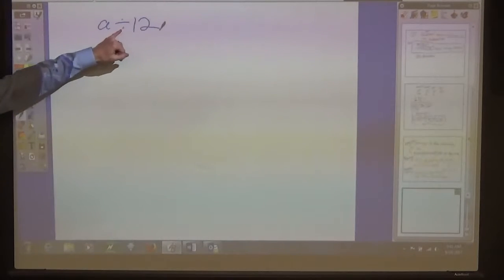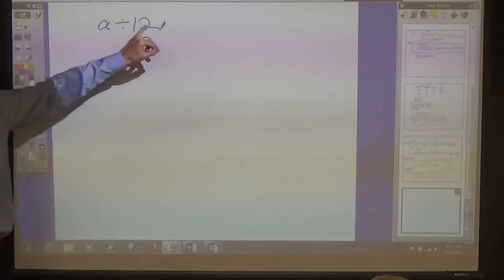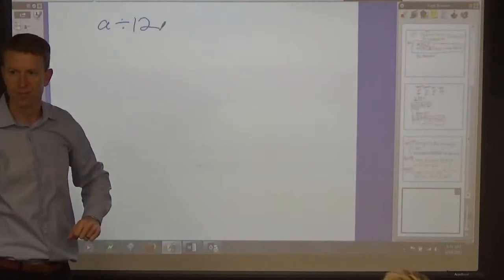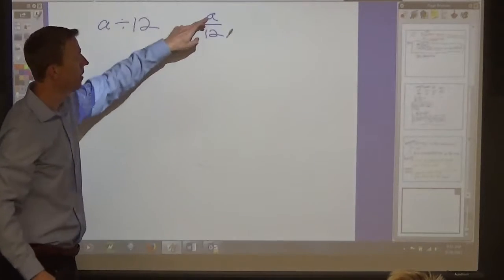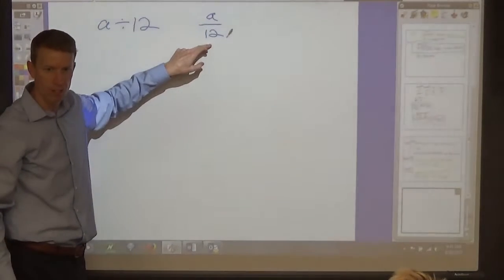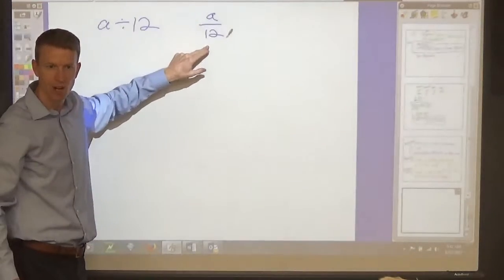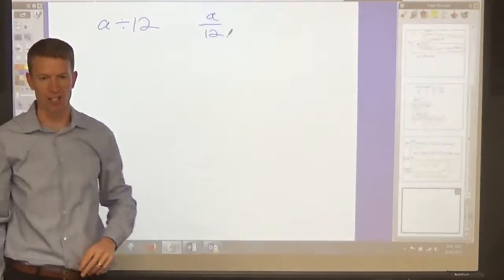So this is the traditional way that you wrote divided by. But what's another way to write division? Kaden? You say like the A over 12. A over 12, yes. And we know that this is also a way to write division. This is the dividend, and this is the what? What's the other part of a division equation or expression?